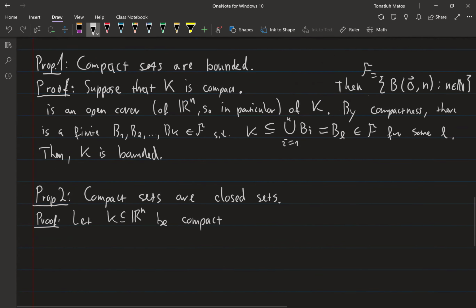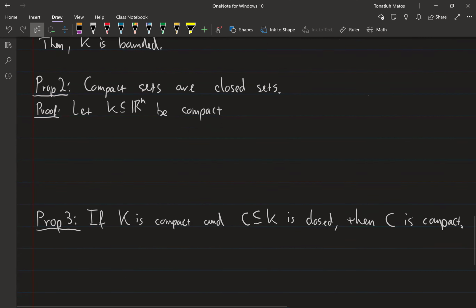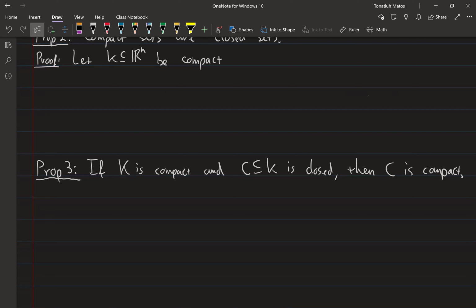That is easy if we already know the theorem that compact sets are, if and only if, closed and bounded, because every subset of a bounded set is smaller, so it has to be bounded as well, right? But this is actually a crucial step in what we're going to use, so maybe I should call this a lemma rather than a proposition or property. Lemma.